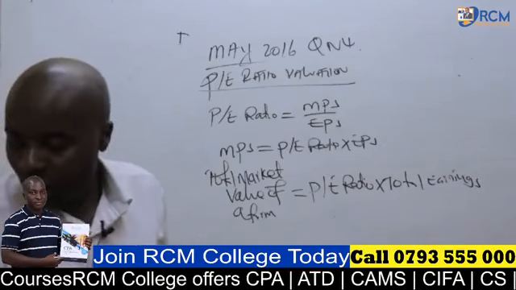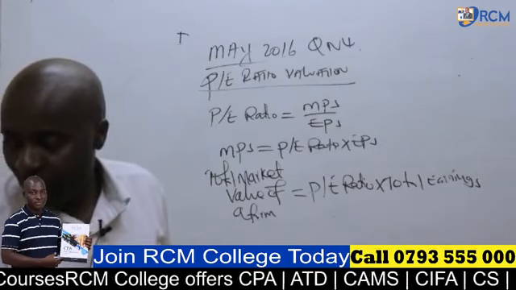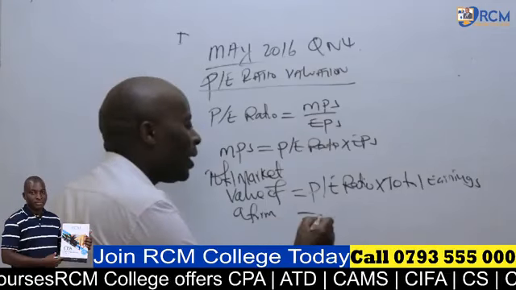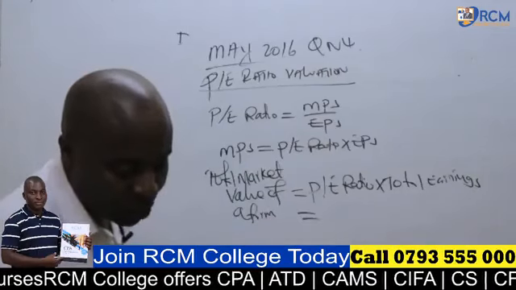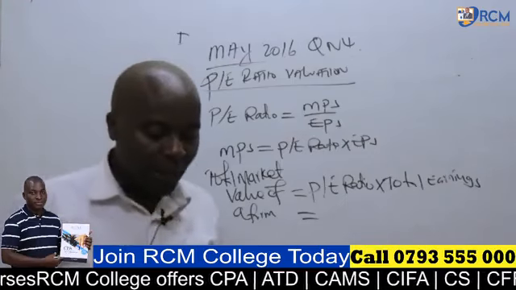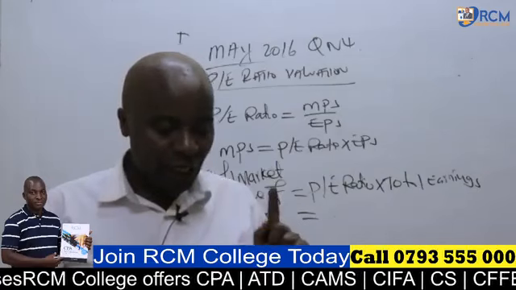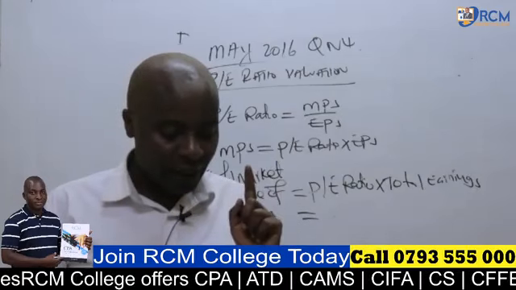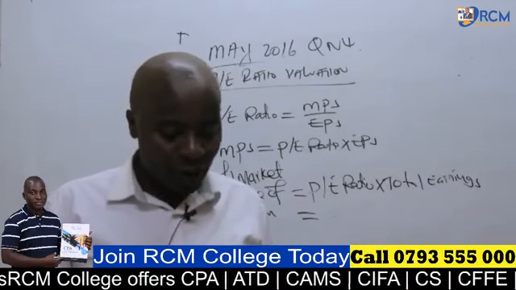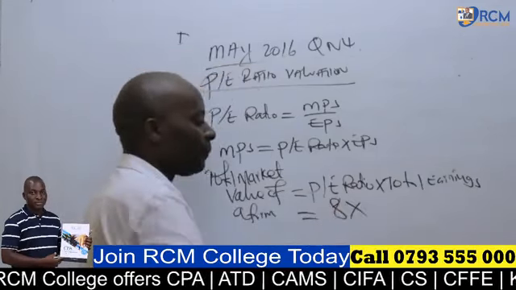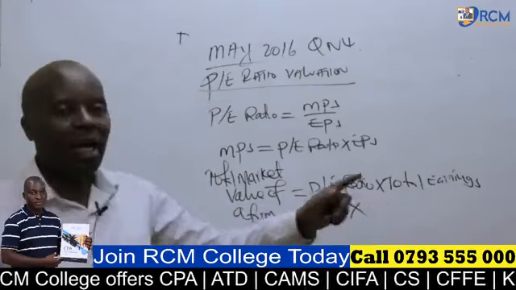So if we talk of totality, ladies and gentlemen, what do we have here? I've been given the PE ratio to work with. In the required, they want us to give them the total offer price for Tiny Limited if Huge Limited were to value Tiny Limited on a forward price earnings multiple of 8 times. So it is 8 times the total earnings.